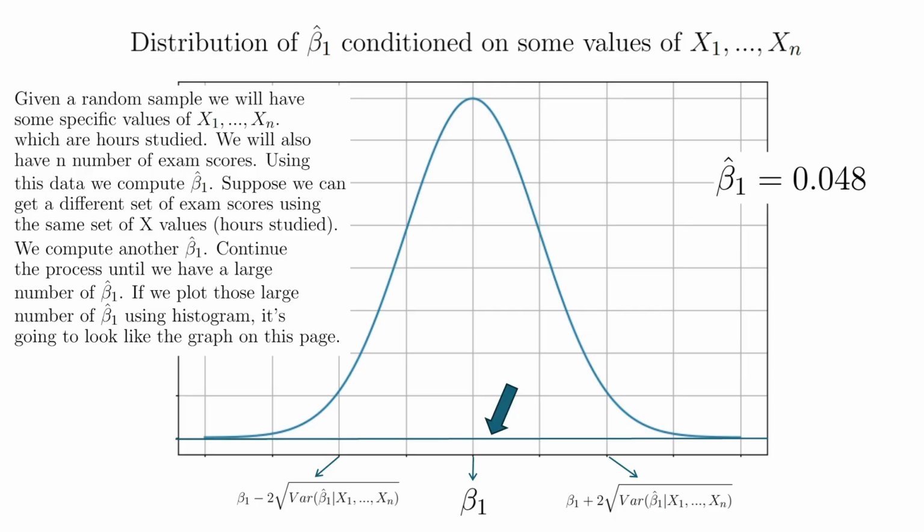It could be here, close to beta 1, the cause and effect, or it could be somewhere here, far away from beta 1. But what we do know for sure is that the smaller the conditional variance, the more likely beta 1 hat, or 0.048 in our example, is going to be close to beta 1. So the bottom line here is that we want the conditional variance to be as small as possible.